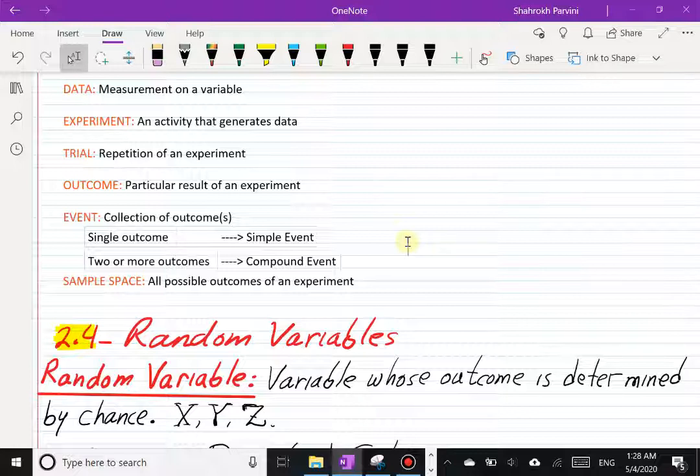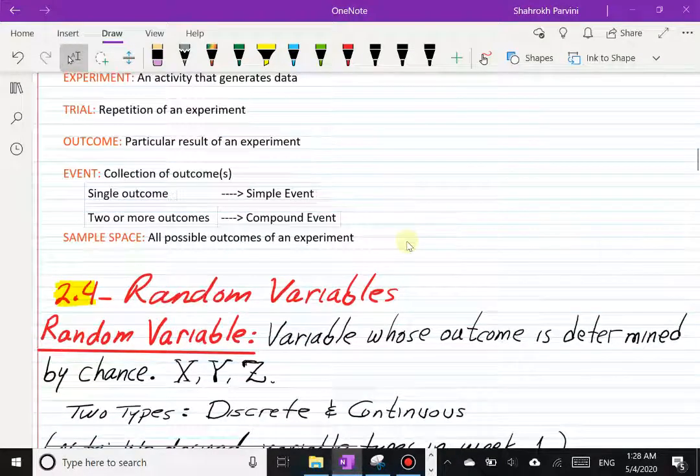Another random variable might be the PE ratio for the companies that are in a certain industry, these publicly traded companies. So that's what a random variable is.